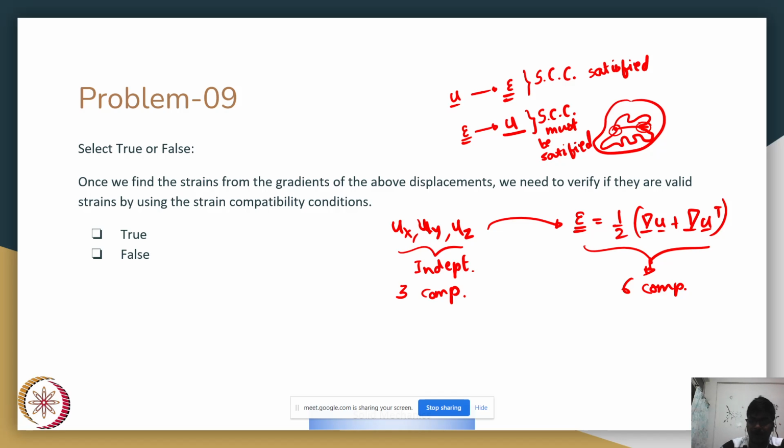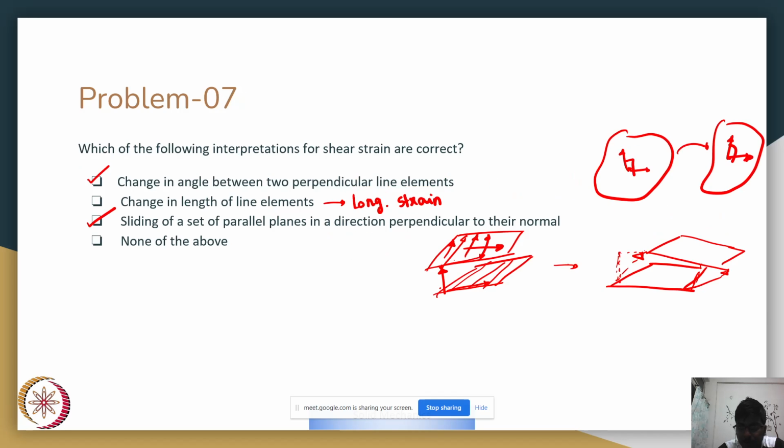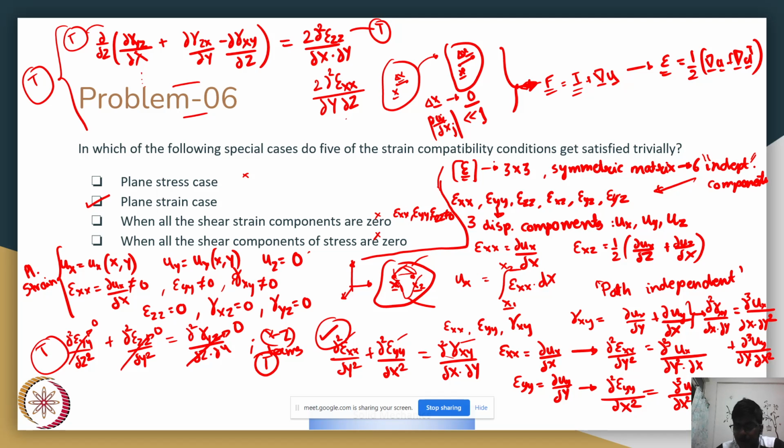Because if you remember in the sixth problem, we started off with some components ux and uy, and then we proceeded to show that dou square epsilon xx by dou y square plus dou square epsilon yy by dou x square is equal to dou square gamma xy by dou x dou y.